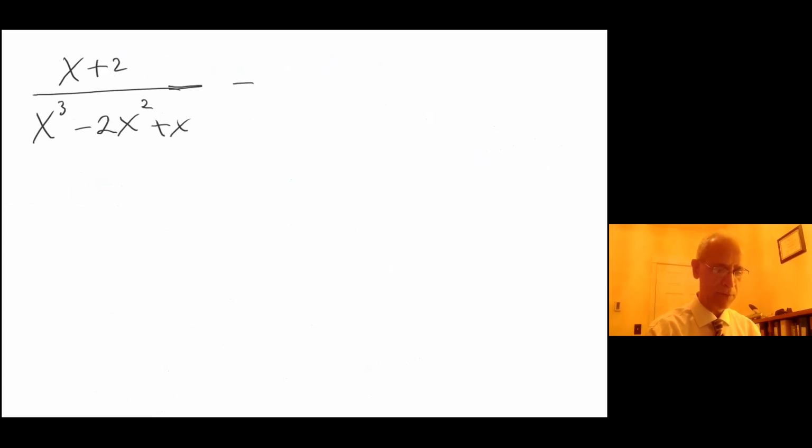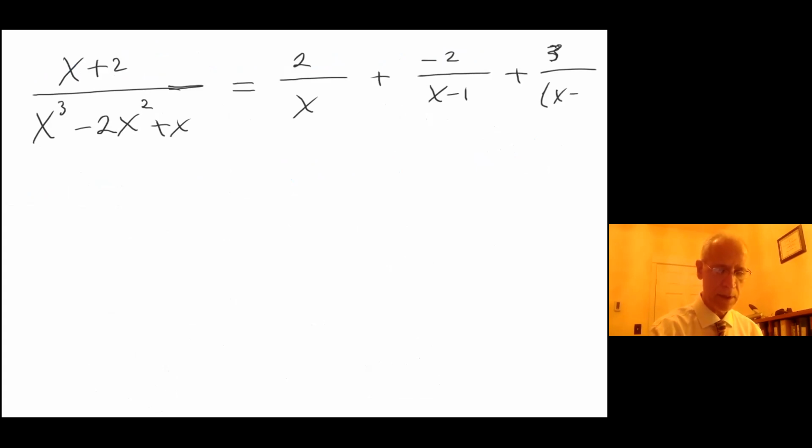So here I have x plus 2 over x cubed minus 2x squared plus x breaking down to, our A was 2, over x, plus negative 2 over x minus 1, plus 3 over x minus 1 to the second power.